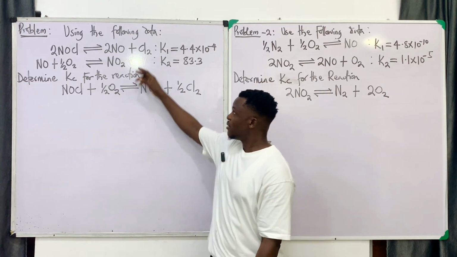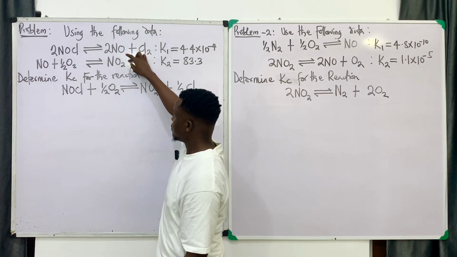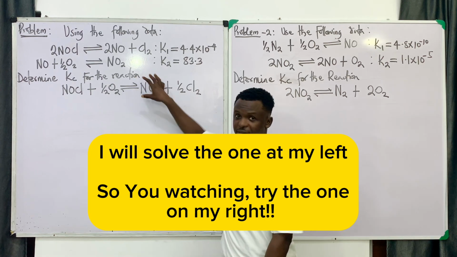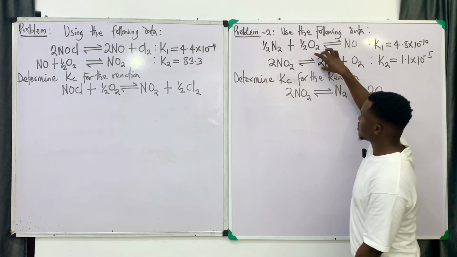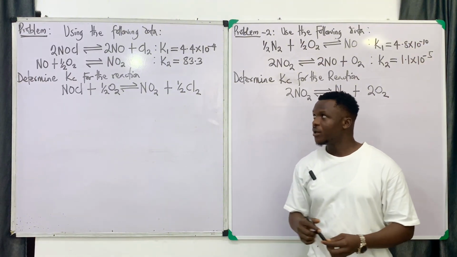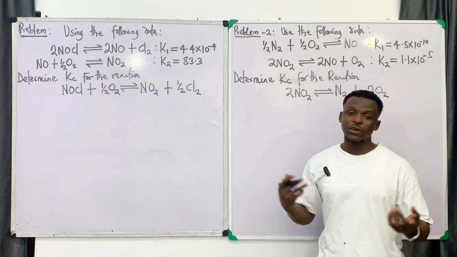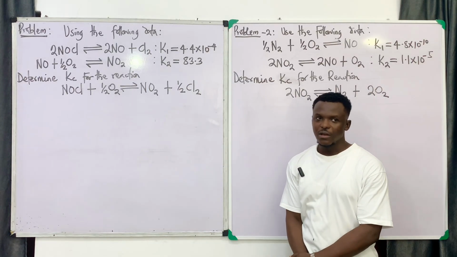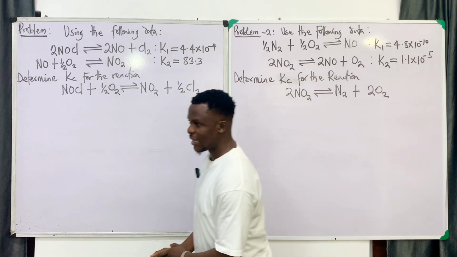So in this case, we have two equations here already, right? We are asked to use these two to find this. Here we also have two equations, and we are asked to use them to find this. Mostly under multiple equilibria, you're going to see two individual equations for you to find one overall. All right, so let's get started.